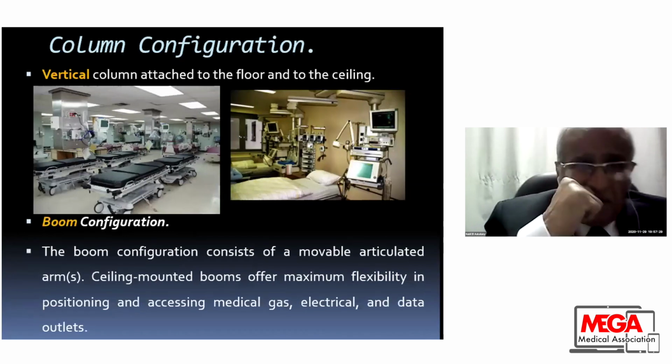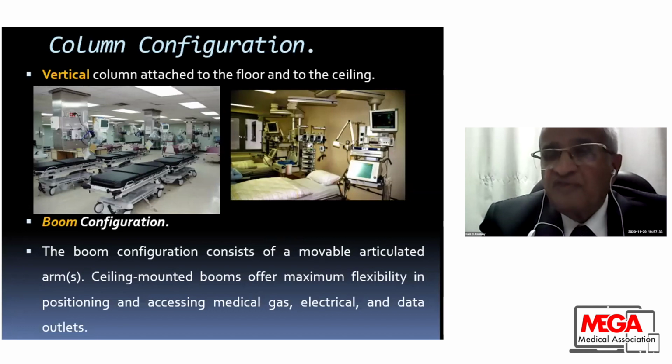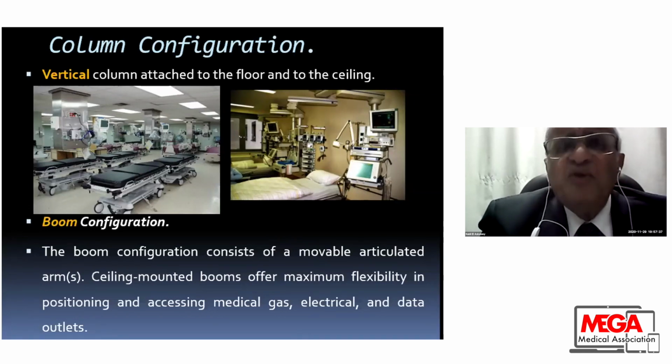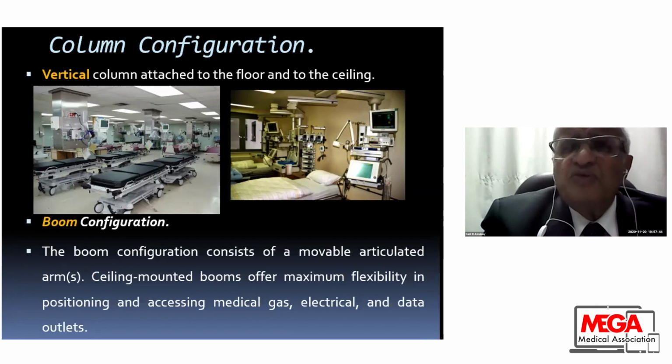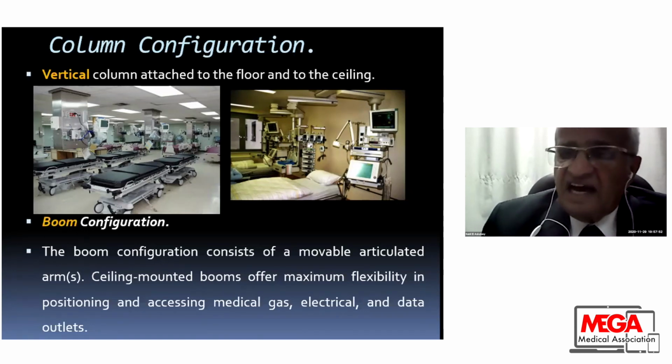As regards the column configuration, a vertical column is attached to the floor and ceiling. The boom configuration consists of movable articulated arms. Ceiling-mounted booms offer maximum flexibility in positioning and accessing medical gas, electrical, and data outlets.